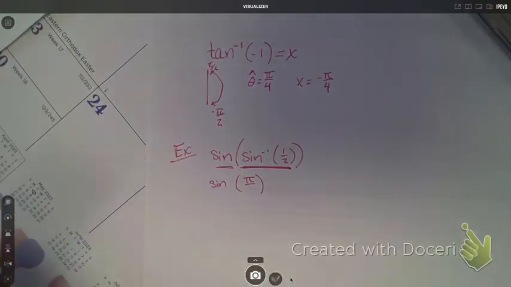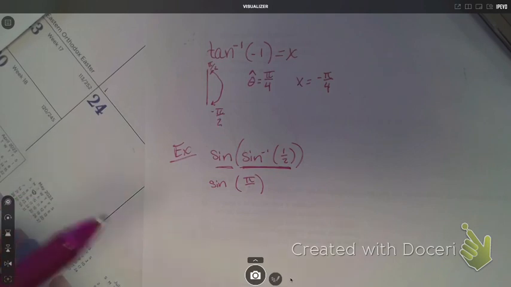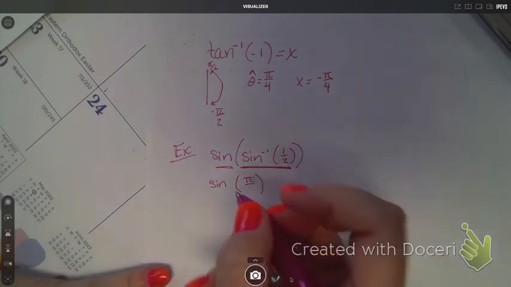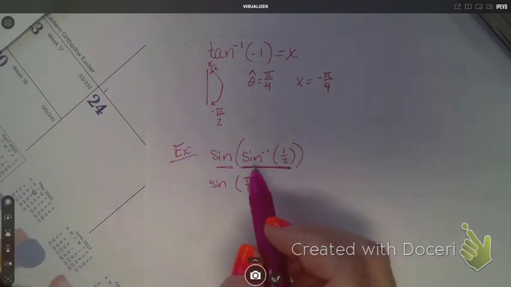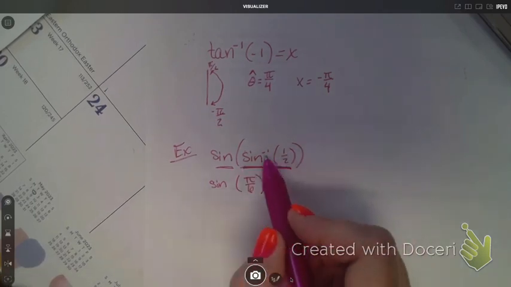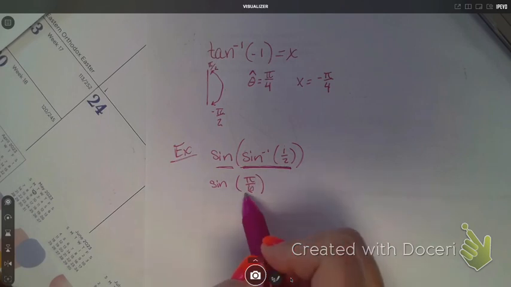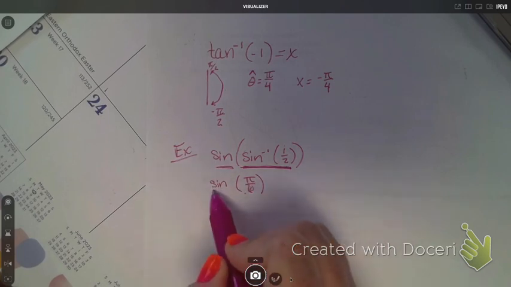Sine is not 1/2 at 90. Sine is 1 at 90. So radians? Pi over 6. Okay, so it asks me what angle is sine 1/2 at? It's pi over 6. So now what's the sine of pi over 6?